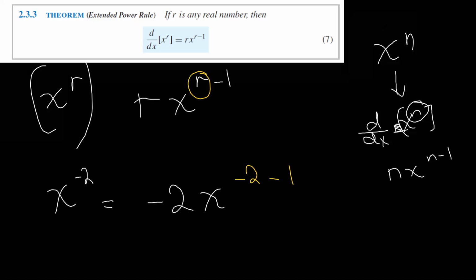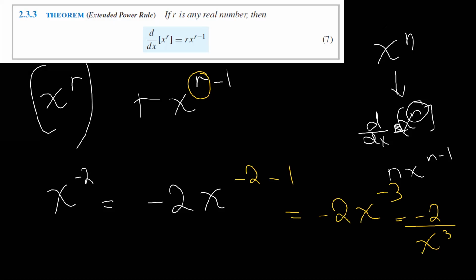So it will be -2 x, -2 minus 1 is what? -3. Then I can write it now as -2 over x cubic. So the derivative of x raised to the power -2 is -2 x raised to the power -3 or -2 over x cubic.